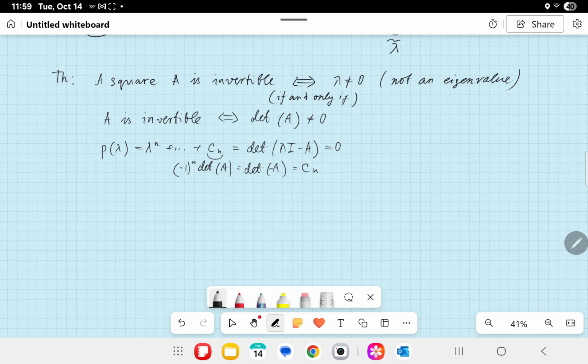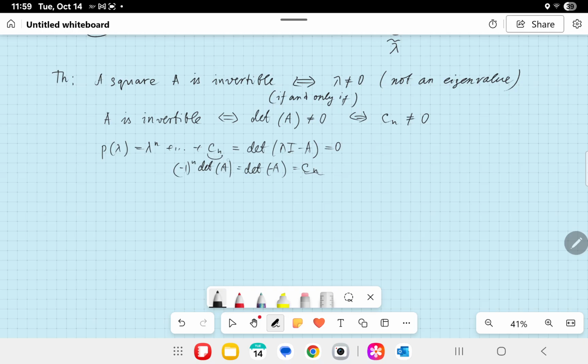So basically, matrix A is invertible if the determinant is not equal to 0, or if cn is not equal to 0, just because cn equals that determinant. If the determinant is not equal to 0, then cn is not equal to 0. When cn is not equal to 0, let's look at this equation.